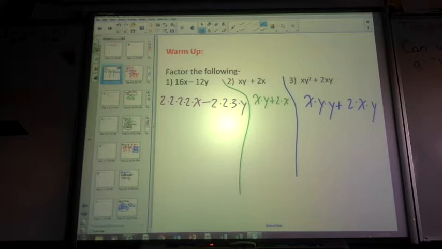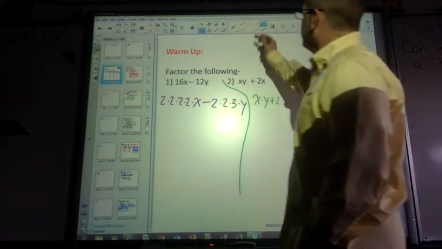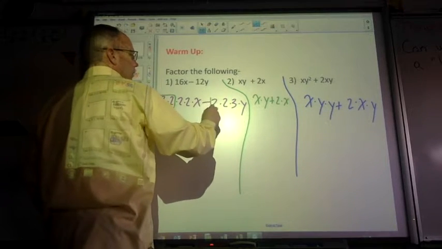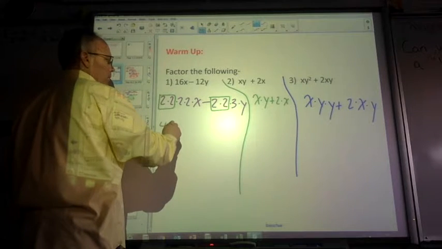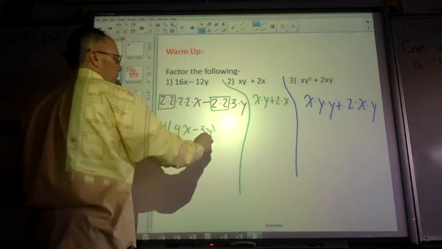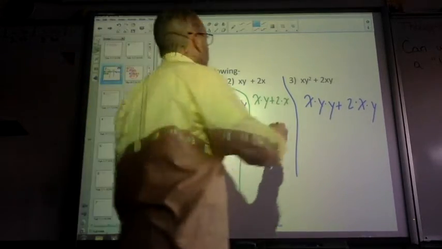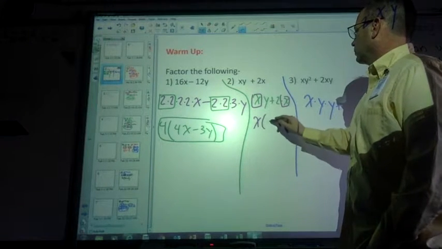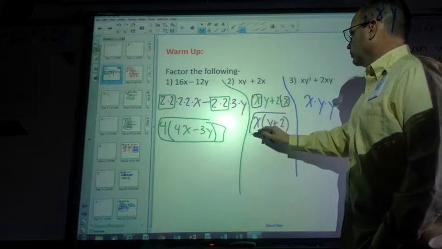I have the first factored step on each one. As you're still working on it, take a look and see if I factor out what you would have factored out.